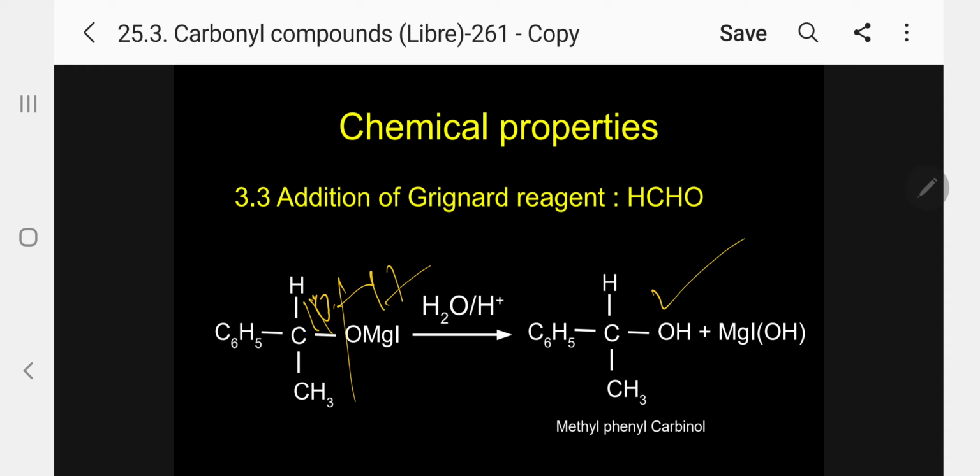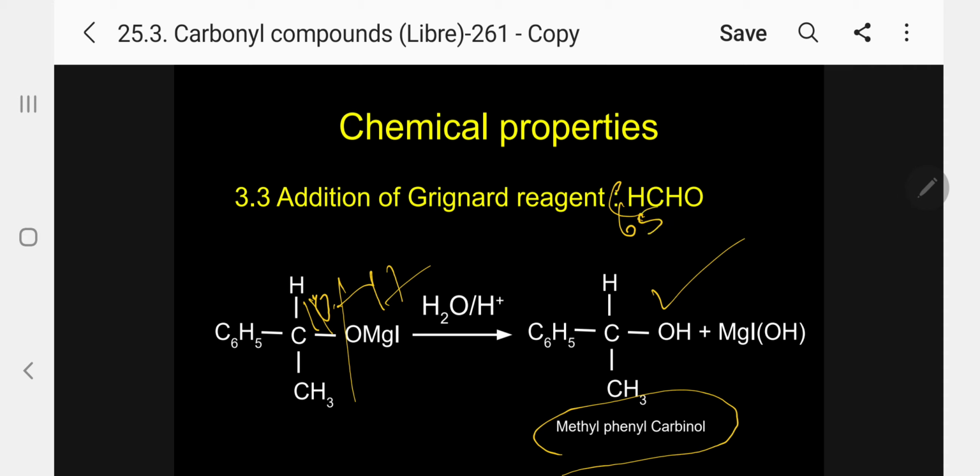Kindly follow. This is nothing but methylphenylcarbinol. You can think of it as the addition of Grignard reagent. Kindly follow. This is under the benzaldehyde.